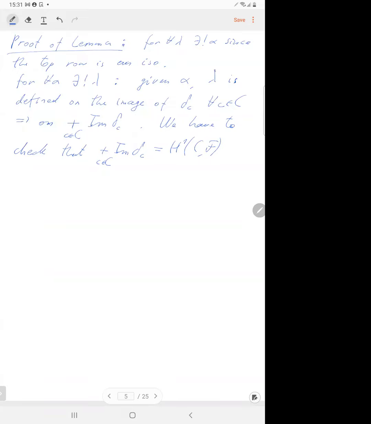Okay, and then it suffices to find a few points, C1, and so on, Cn, such that the first cohomology with our sheaf twisted by the sum of those points will be 0.